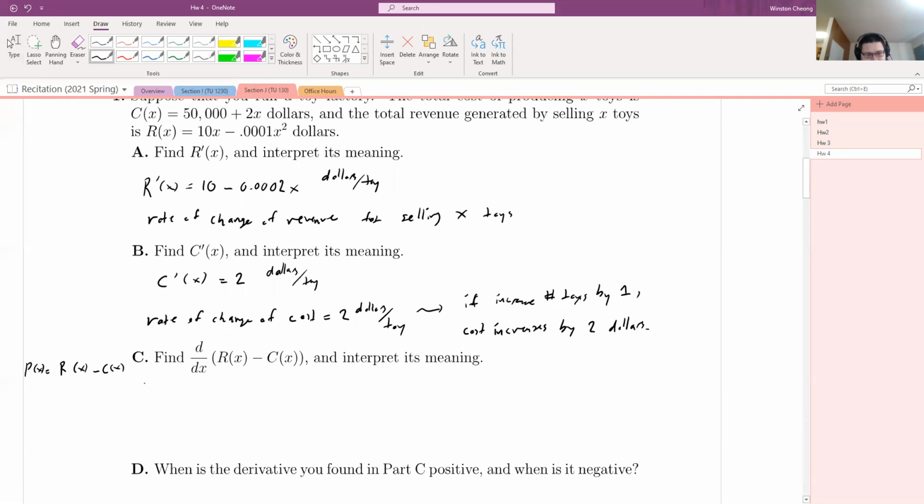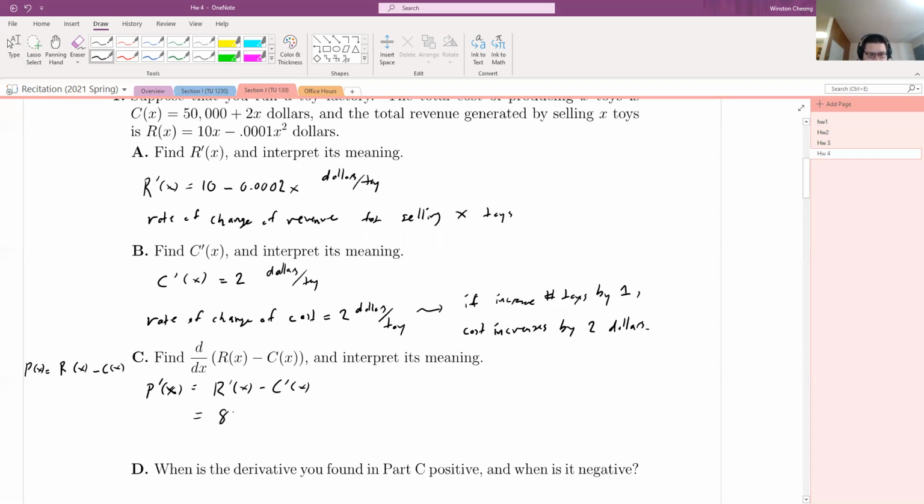Okay, so I guess what I would do is I would write this, and then I would note that the derivative operation splits over the subtraction. So we can just really use parts A and B to answer this. So this will be R prime of x minus C prime of x. And then we can just do this minus this.